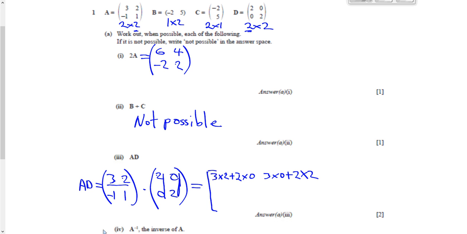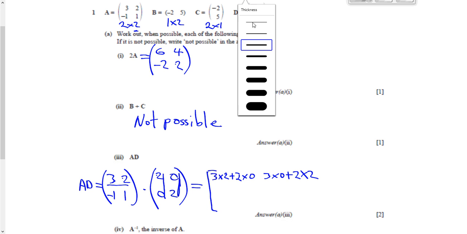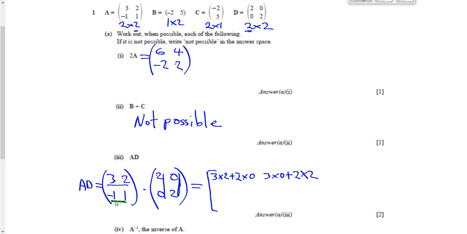Okay. Let's look at the bottom. Let's go for a different flavour here while we do this. We're going to do the bottom row by the left column. All right, so minus 1 times 2, plus 1 times 0.